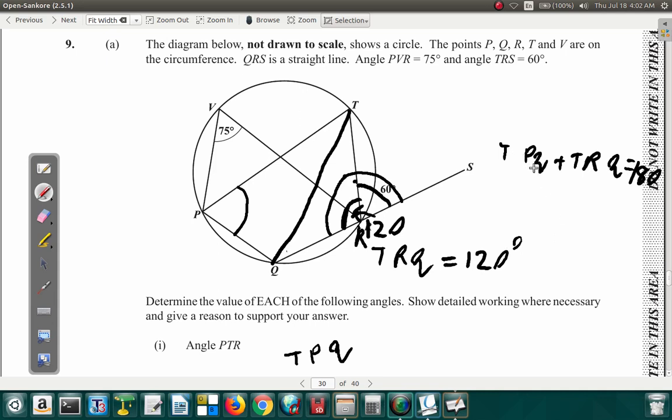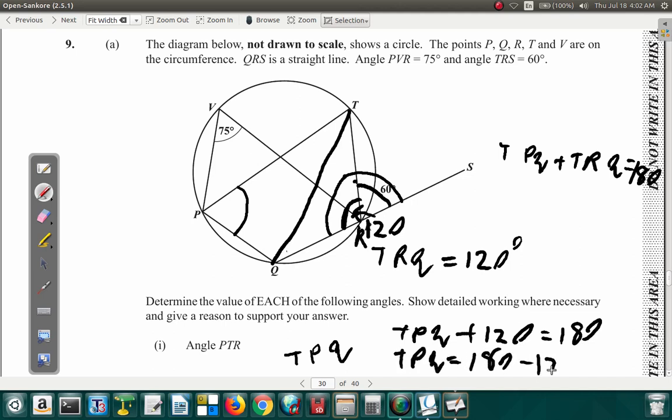Now TRQ is 120, so TPQ plus 120 is equal to 180. So that means TPQ is 180 minus 120, and that gives 60 degrees. Alright, so this angle here is 60.